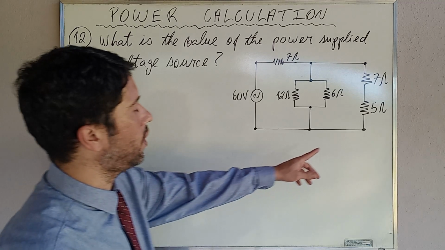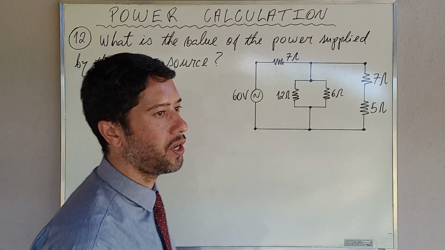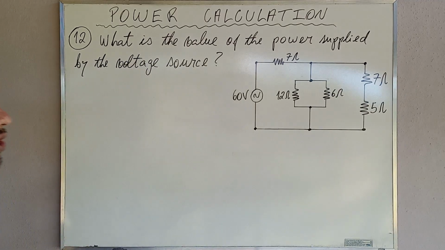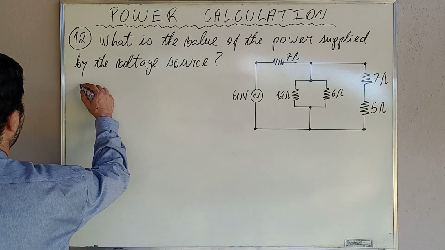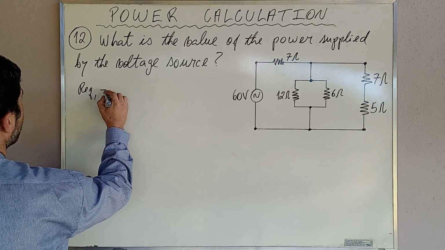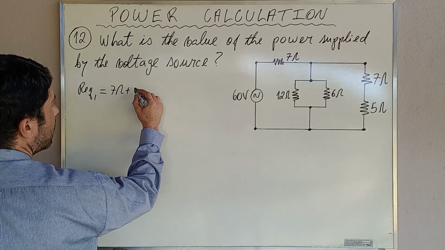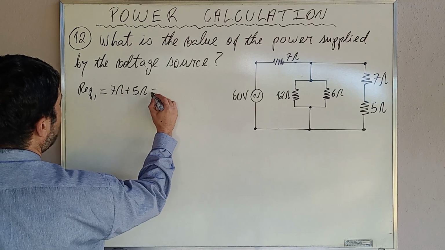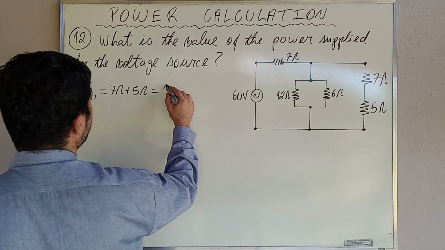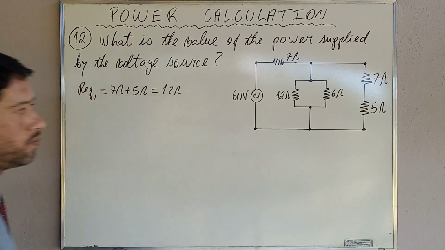At the right of this circuit, there is the series combination between a 7 ohms resistor and a 5 ohms resistor. This combination will be equivalent resistance number 1. Equivalent resistance number 1 is equal to 7 ohms plus 5 ohms, which is equal to 12 ohms.